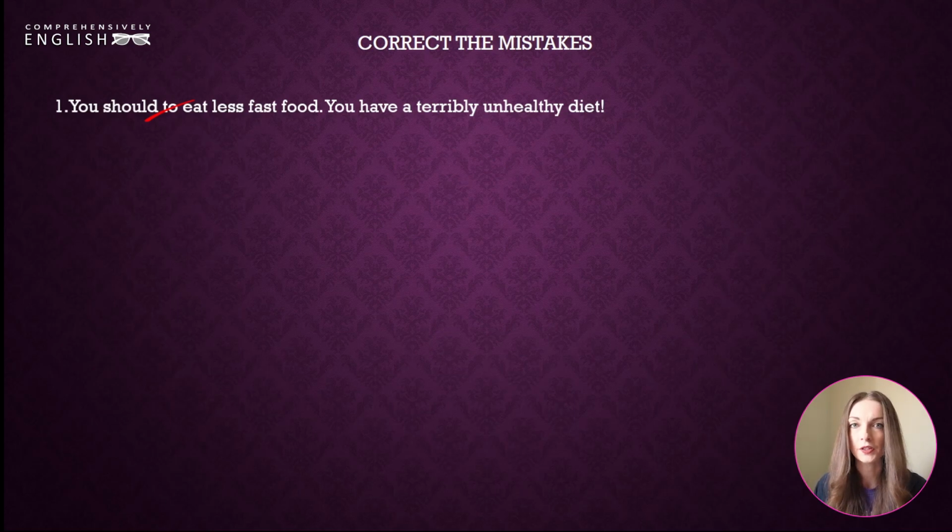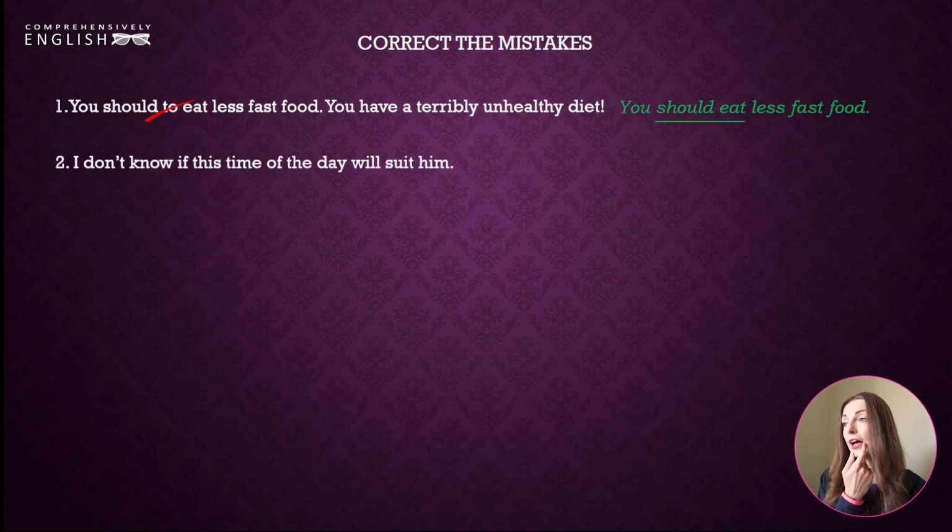Should must be followed by the first form of the verb eat. We use modal verbs with the bare infinitive, that is without the particle to before the verb that follows your modal. You should eat less fast food.